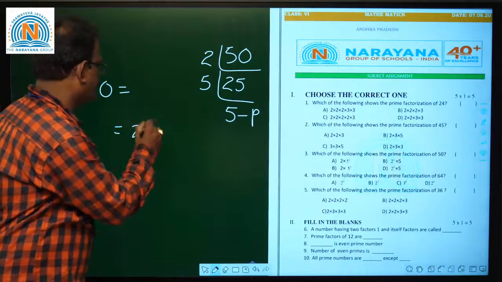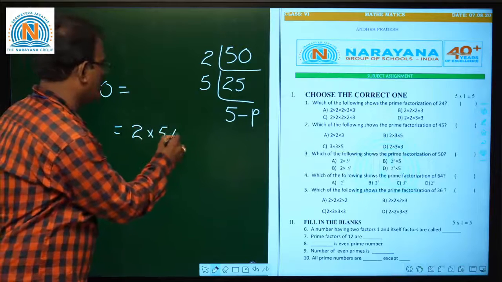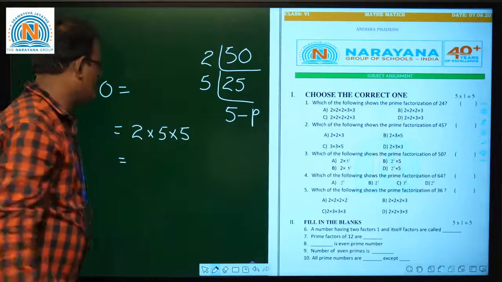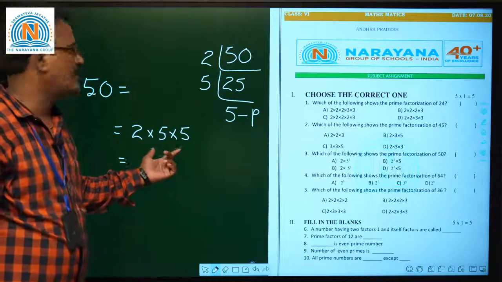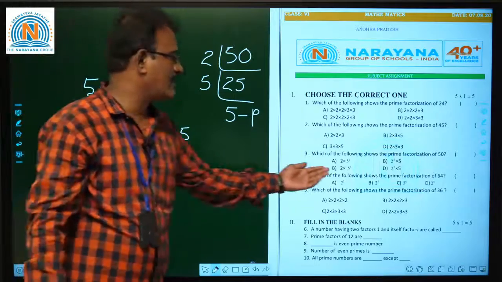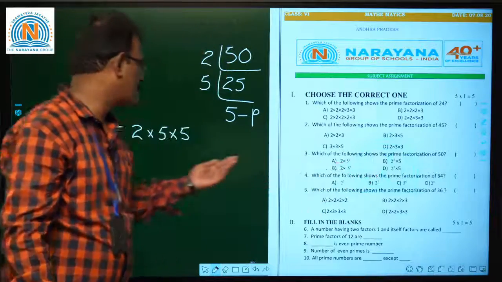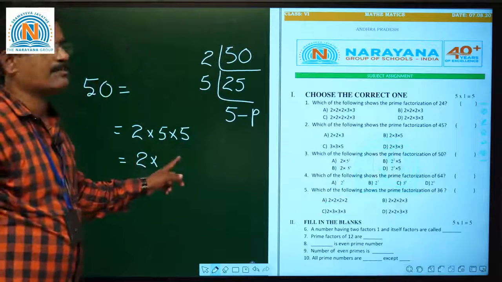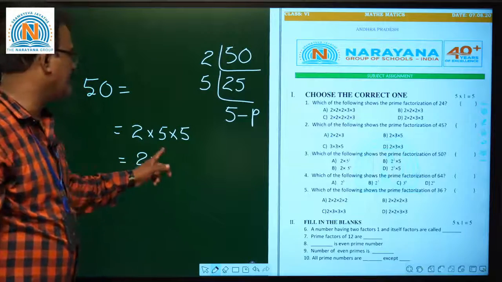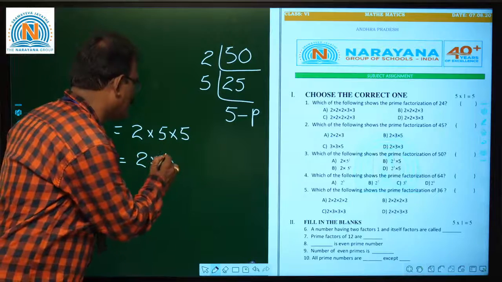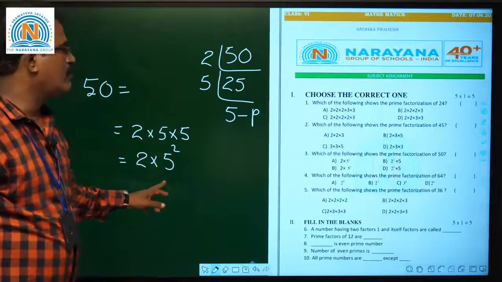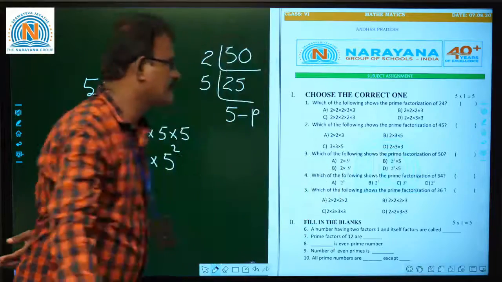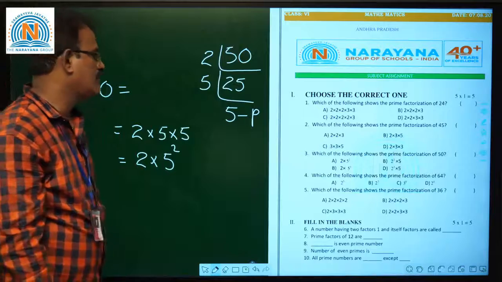So 2 into 5 into 5. This is the product of prime factors, but it is not available among the given options. If you express it in base exponent form, 2 is raised one time but 5 is raised 2 times. So 2 into 5 square. Children, it is available at the first option.